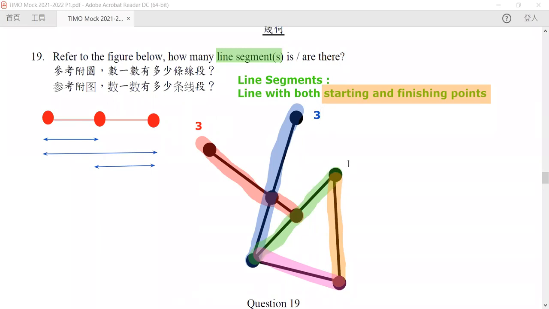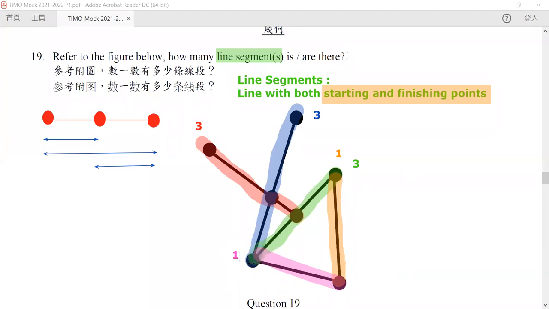For our green line, there are again 3 points in here, so they will have 3 line segments. Now for our orange line, because there is only one starting point and one finishing point, it will have only 1 line segment. And our pink line will also have only 1 line segment.